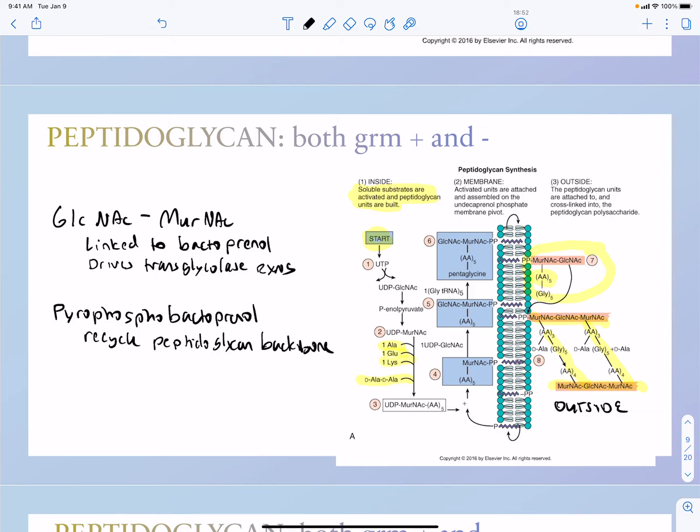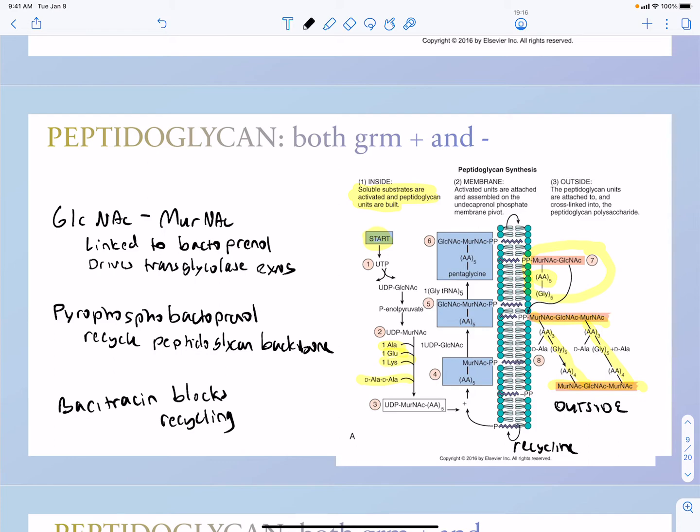And so you get recycling. And bacitracin blocks recycling. So it blocks that reaction with the pyrophosphobactoprenol.